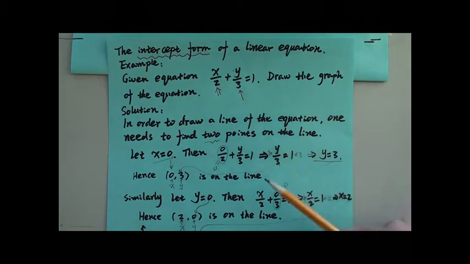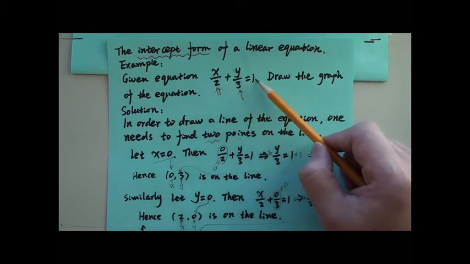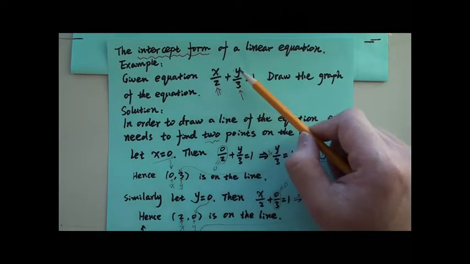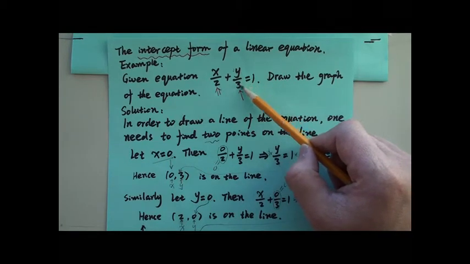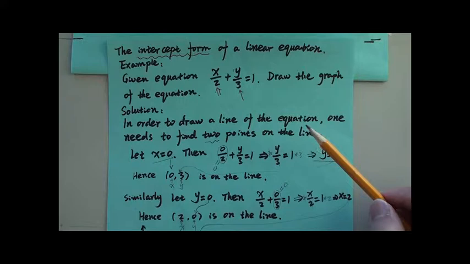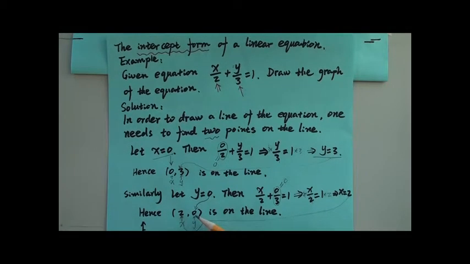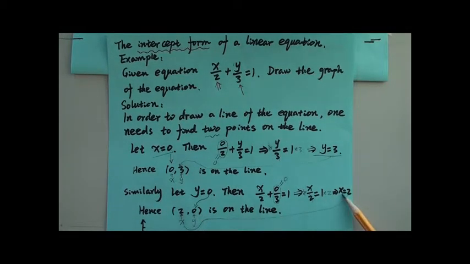So this case basically tells us when y is 0, you have an x value of 2. When x is 0, you have a y value of 3, because the right hand side is 1. So for this case, y is given 0, you put here, and then x will be 2. So (2, 0) is on the line.